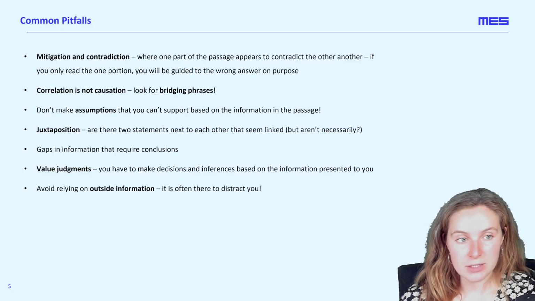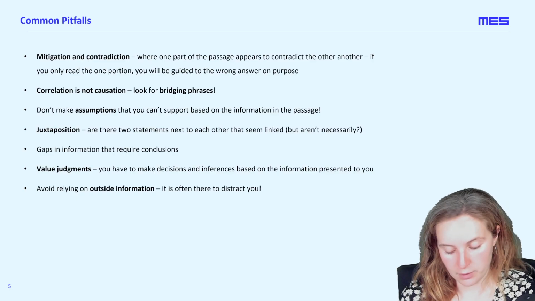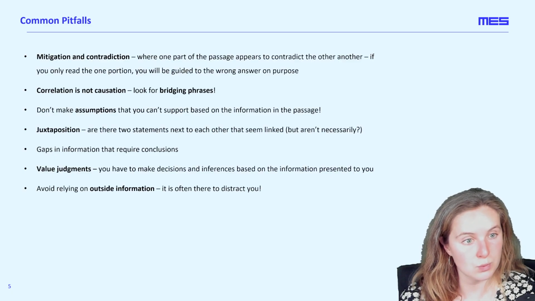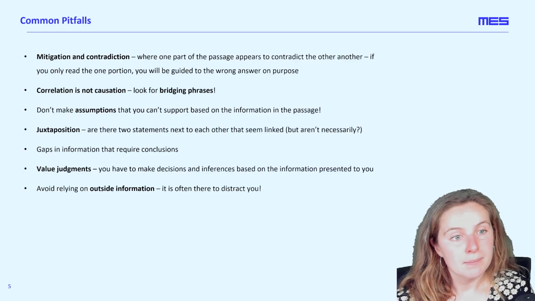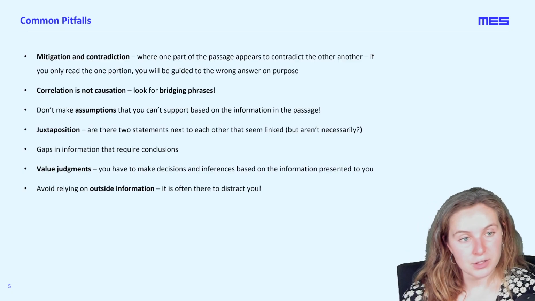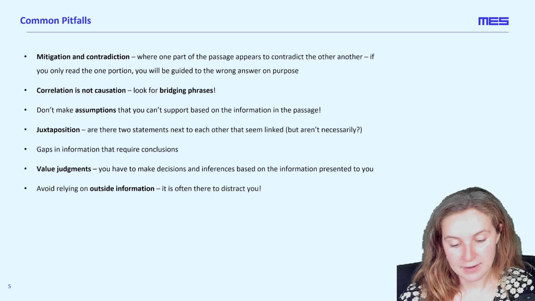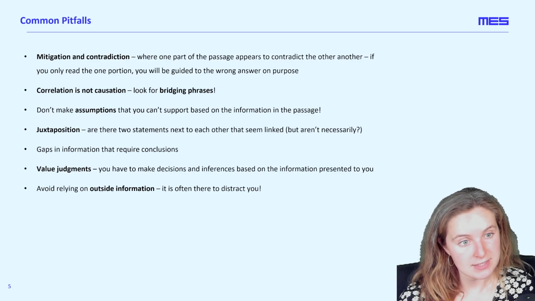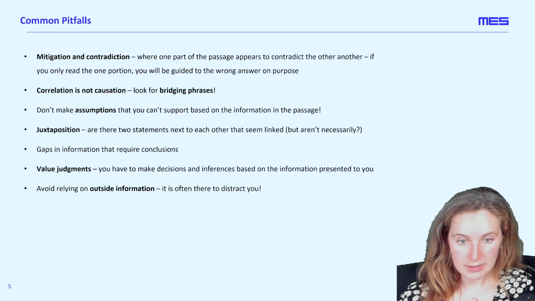So they may be guiding you towards that first section of the passage so that they can guide you towards an incorrect answer, and there are very commonly answers geared just toward that first perception in order to distract you. But you need to be mindful that you read or skim all the way through the passage and then ensure that you're reading the sentences around the keyword when it appears.